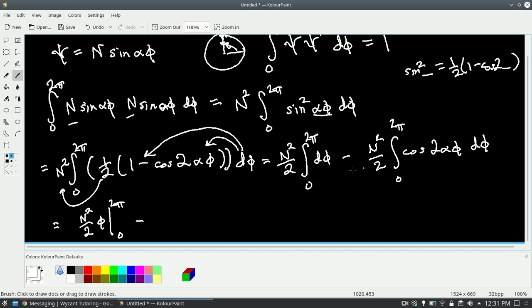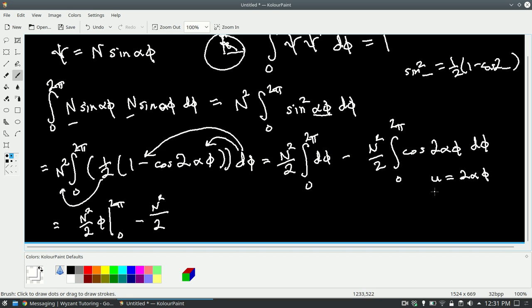And now this stuff, this is going to be N squared over 2. Now how do we integrate? Well, we've just said that. I'm going to need a little bit of chain rule action here. We're going to do the u substitution. So let u equal 2 alpha phi.